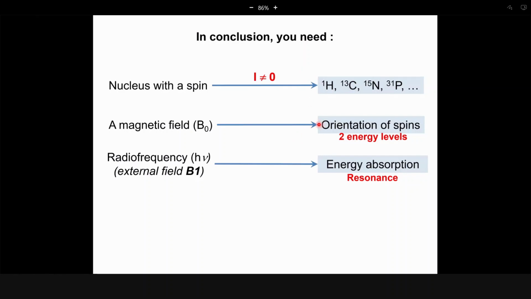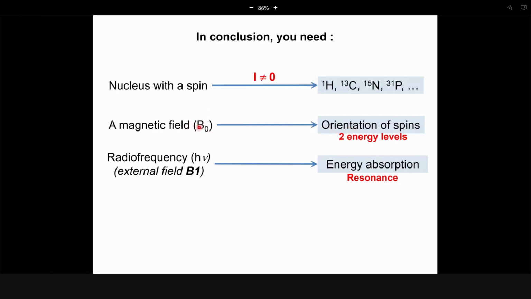The first step to reveal the magnetic properties is to apply an external magnetic field, which depends on the power of the machine, which is B0. The higher B0 is, the more sensitive is the detection of the NMR phenomenon.